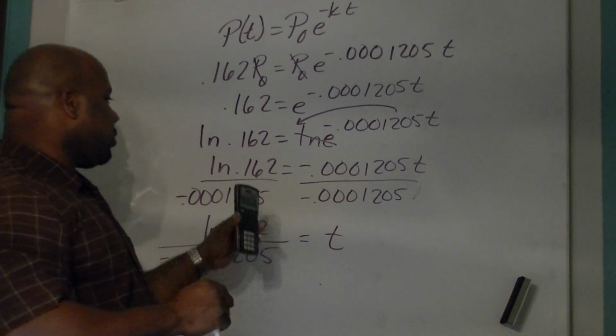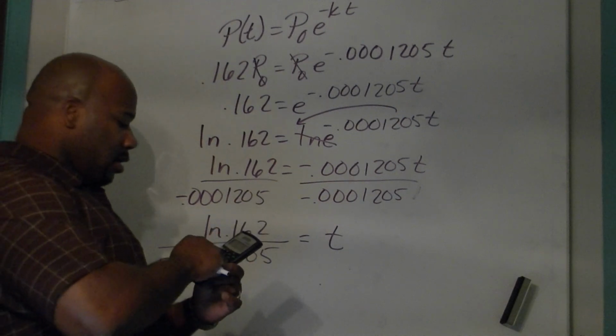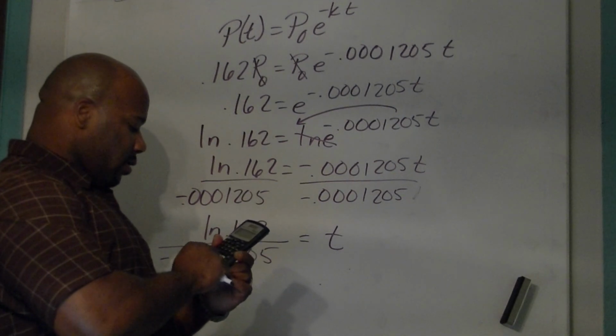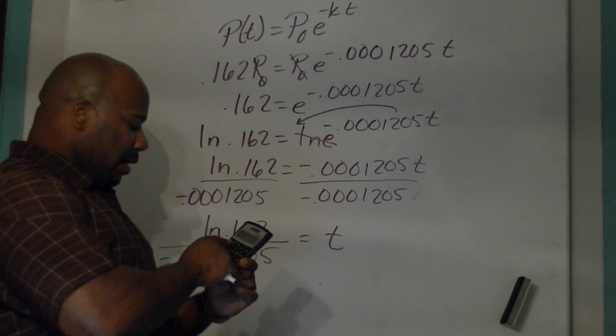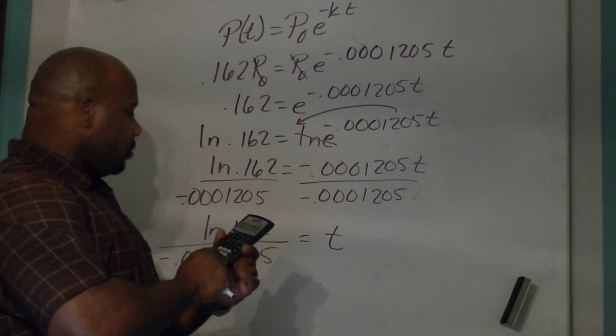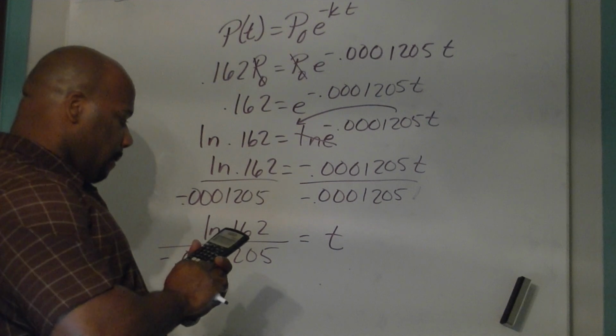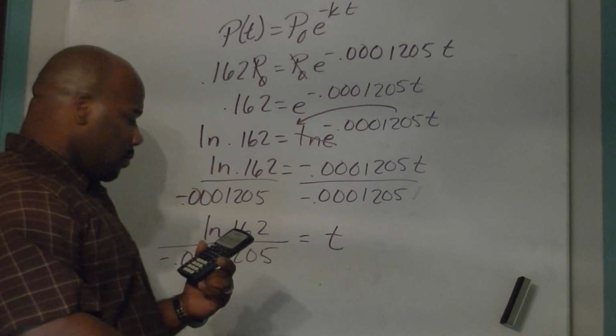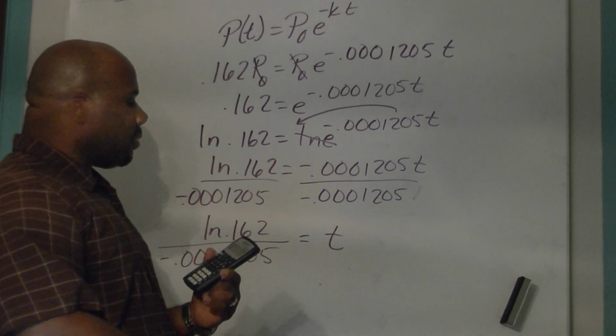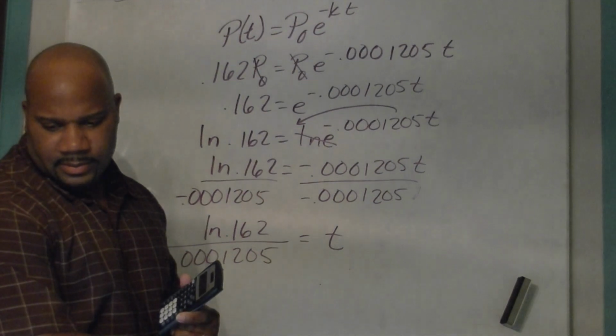And to use the original number, I'm just going to put natural log of 0.162 divided by, and then hit second answer. And that'll put that whole number in there. Now, for some reason, I'm getting a negative. Did I mess up somewhere?